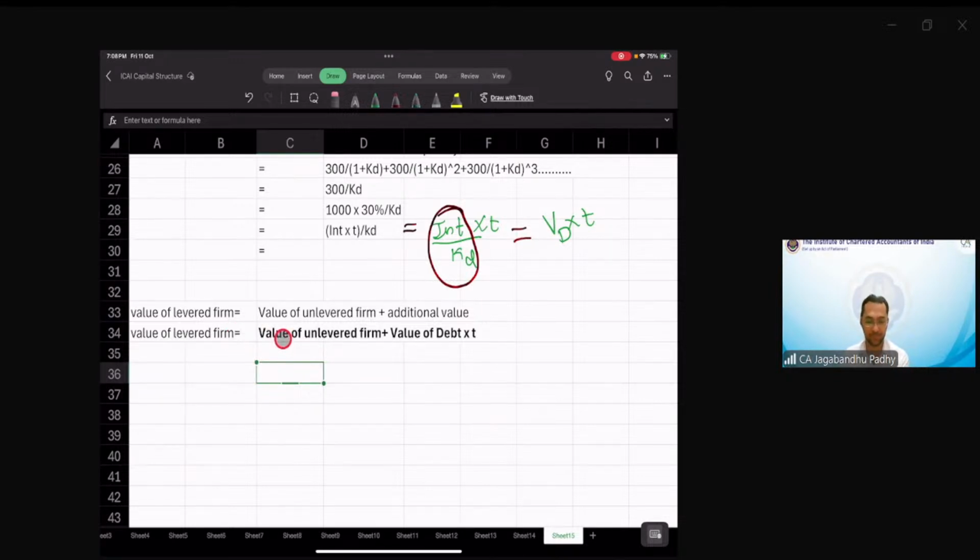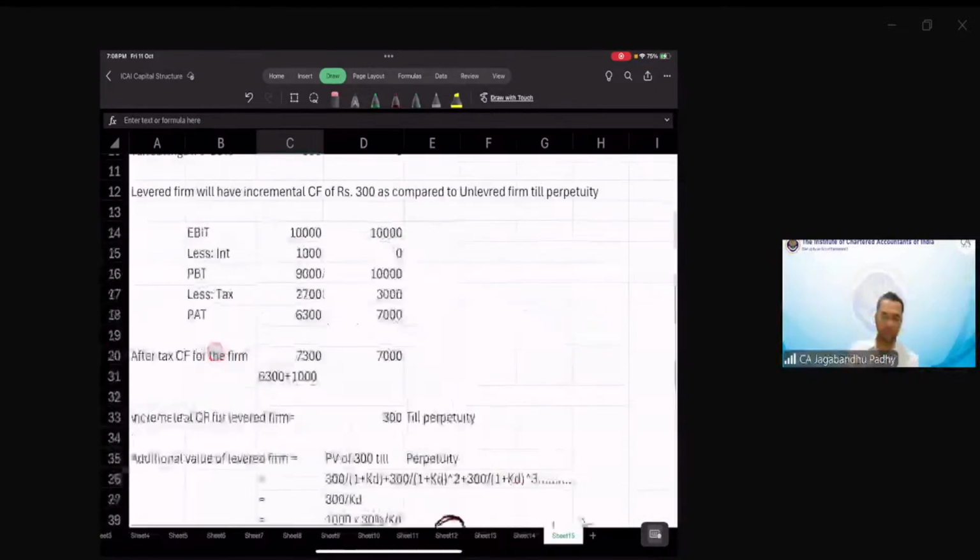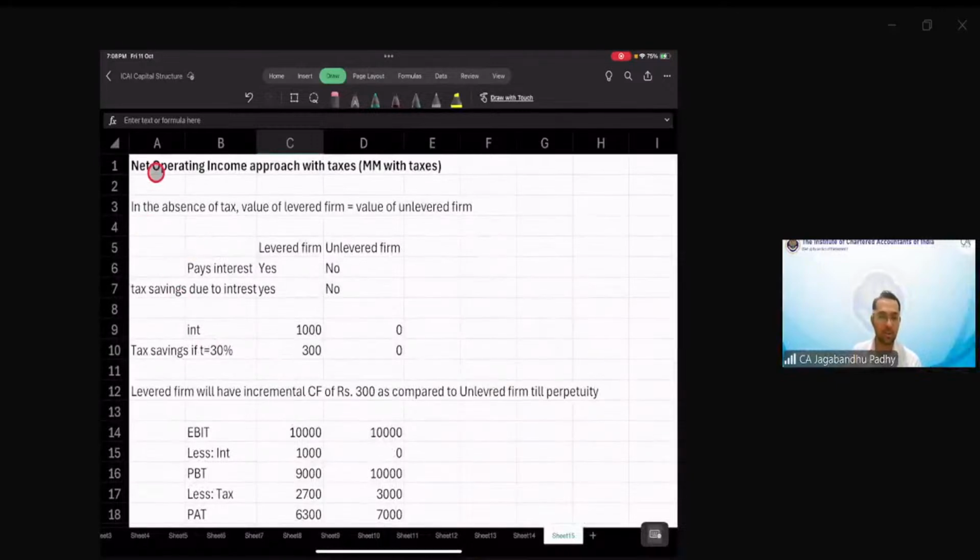Yes. Okay, sir. Now, in this value of levered firm, how much will be the value of equity and how much will be the value of debt? That needs to be further discussed. But we are just looking at the overall factor because we are keeping our base on the operating income approach. Under the operating income approach, the value of both firms remained the same because the EBIT was the same and your overall cost of capital remained the same.